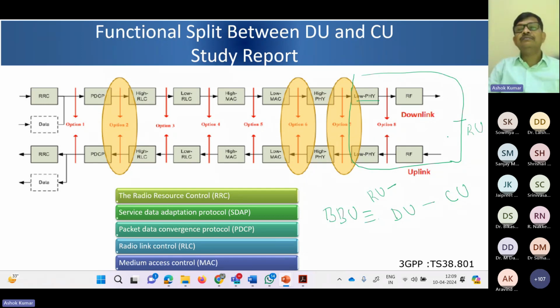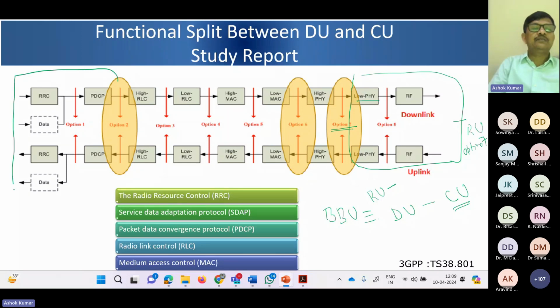So here I'm using which option? I'm using option 7, or split 7, because I have taken the lower part of the physical layer and RF in the RU. And suppose in the CU, I am handling the RRC and PDCP layers.